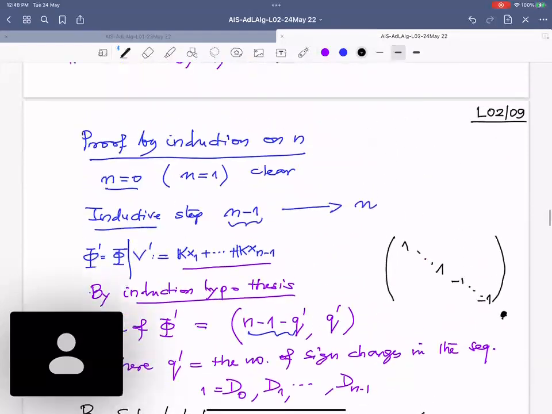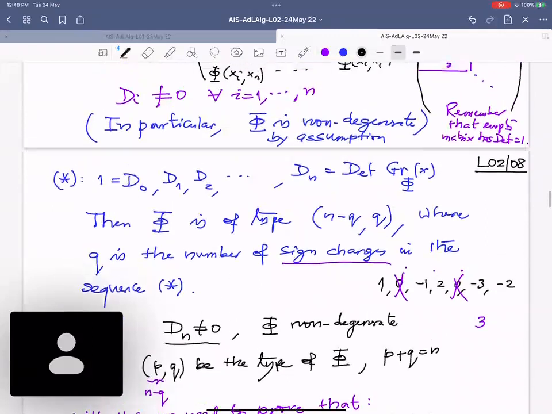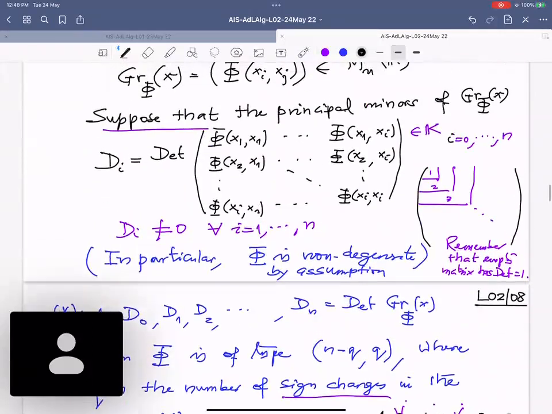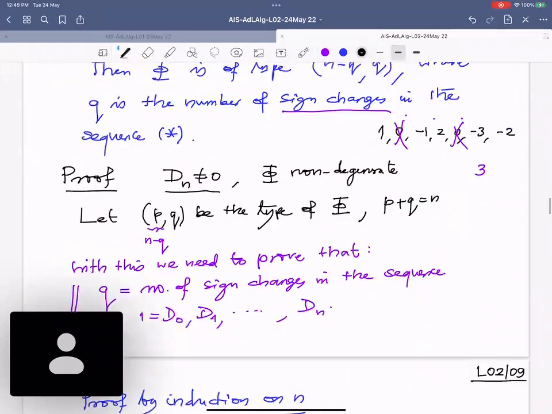By assumption it is in particular non-degenerate. Our assumption is much stronger than non-degenerate. You see, our assumption is all these principal minors are non-zero. In particular, the determinant is non-zero. That is the meaning of phi is non-degenerate. All right? And now, anything else?